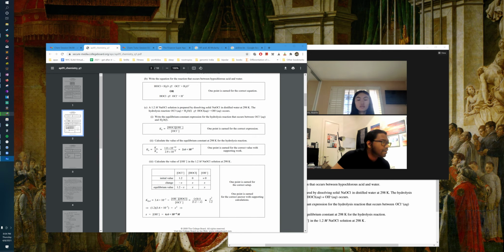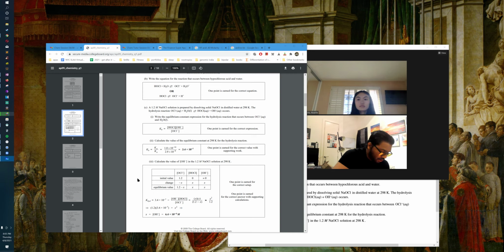Okay, and then part 3, calculate the value of the OH minus in the 1.2 molar solution. So now we just have to find this over here. Then they use an ICE table. So initial value. All right, I'm gonna do the ICE thing, so I'll do it in green.